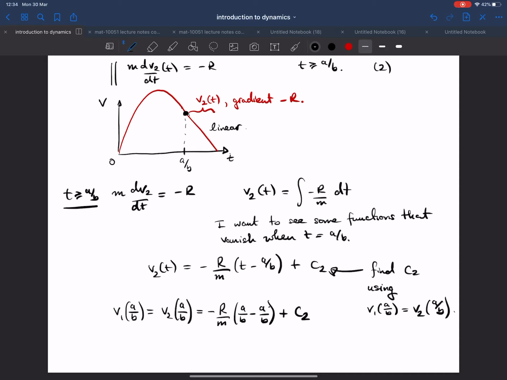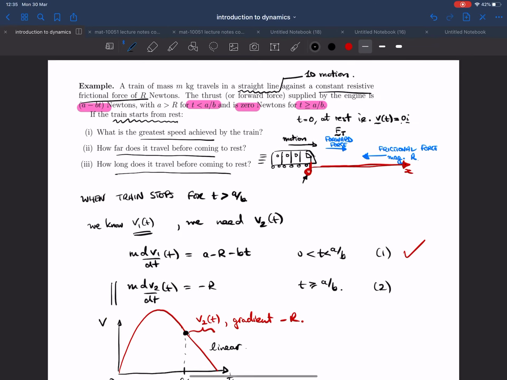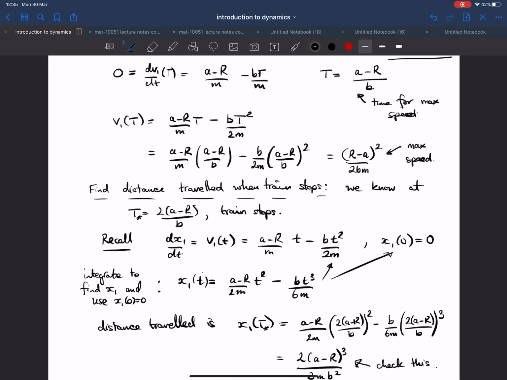So obviously this is 0, and C2 is therefore V1 of a over b. That's the idea. All right then, shall we see what V1 of a over b is?